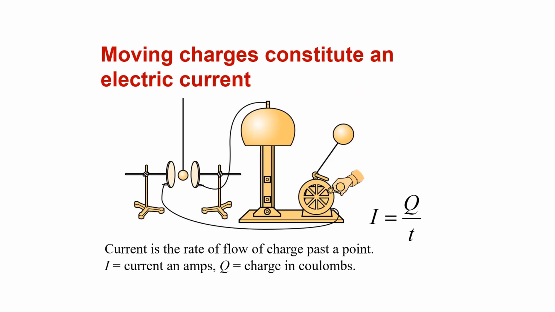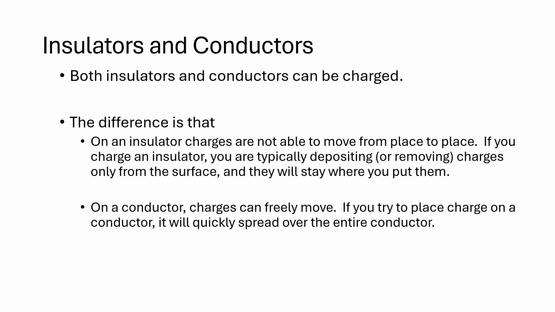On the other hand, if those charges start to move, we're going to have an electric current. We say that the electric current is the rate of flow of charge at a point. So the current is the rate of change of charge over time. So when we have a conductor, charges start to move there, and we develop what we call an electric current.